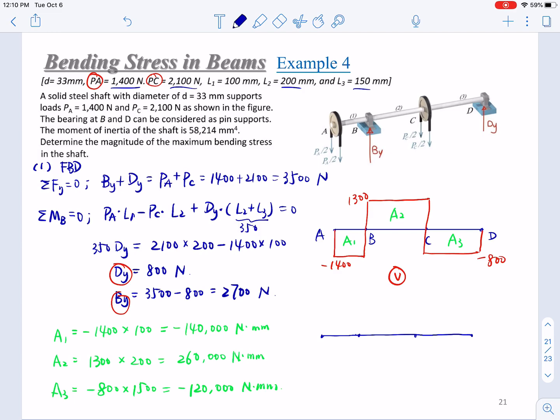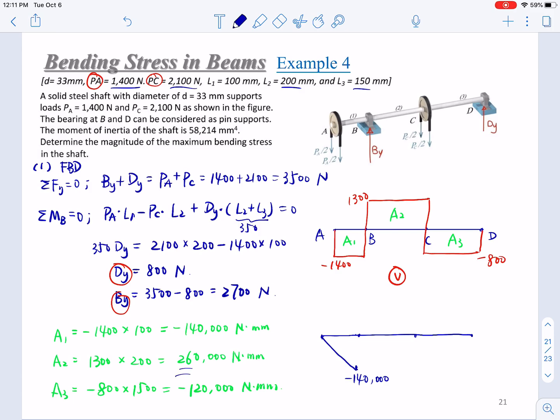Right, so it will decrease from 0 to negative 140,000. Then after point B, it encounters area A2, that is 260,000.